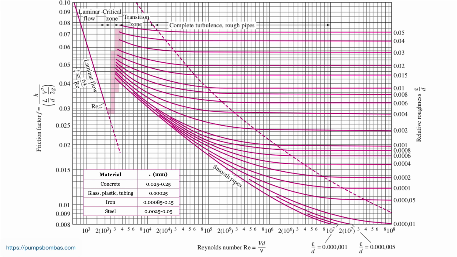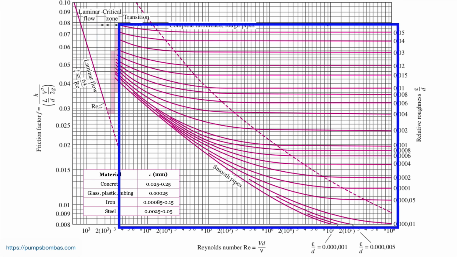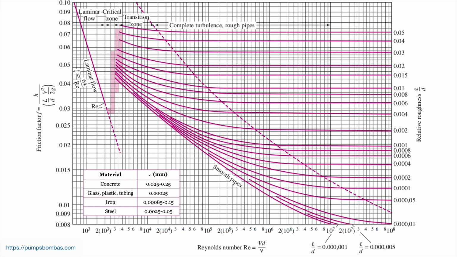Let's go a little bit to the right. We can see this area colored in rose. This is the transition zone between the laminar and the turbulent flow. And to the right, we see several curves, in rose color also, showing the value of the friction factor for different values of relative roughness. Let's pay attention to the dashed line that crosses all these curves.